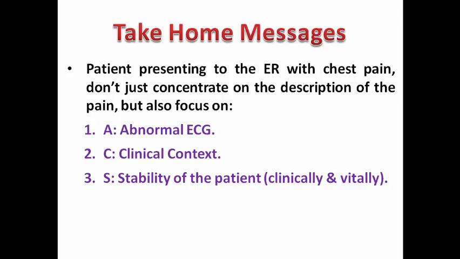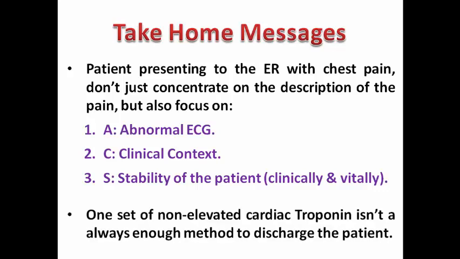S, stability of the patient, whether clinically or vitally. And don't forget that one set of non-elevated cardiac troponin is not enough to discharge the patient in most of the cases. Suspect based on the clinical context, and always admit the patient and have a second sample at 1 hour or 2 hours to rule in or rule out MI.